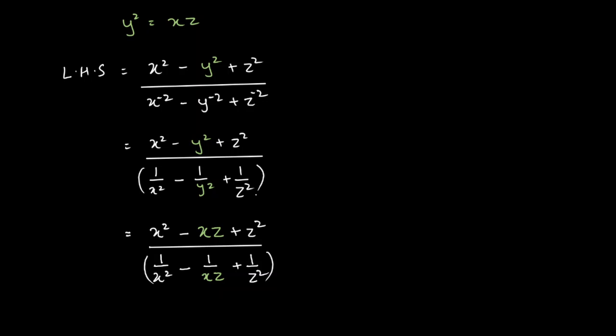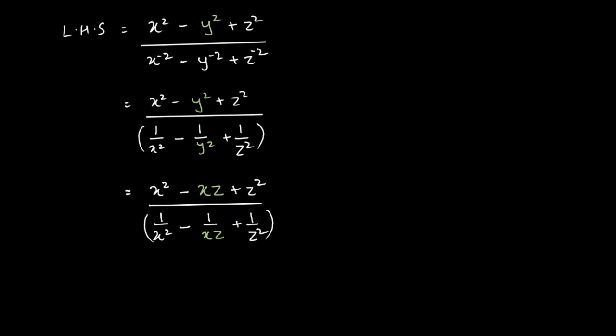Now how do I simplify this further? There's nothing much to simplify in the numerator. However, in the denominator, I can take the LCM so that all of them have the same denominator. For x², xz, and z², the LCM would be x²z².